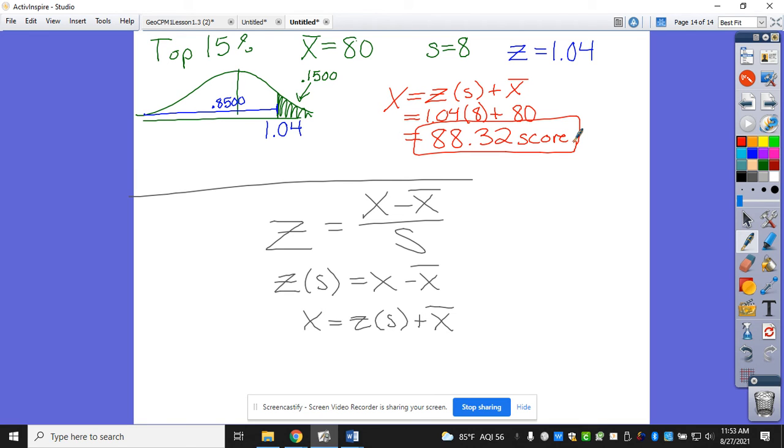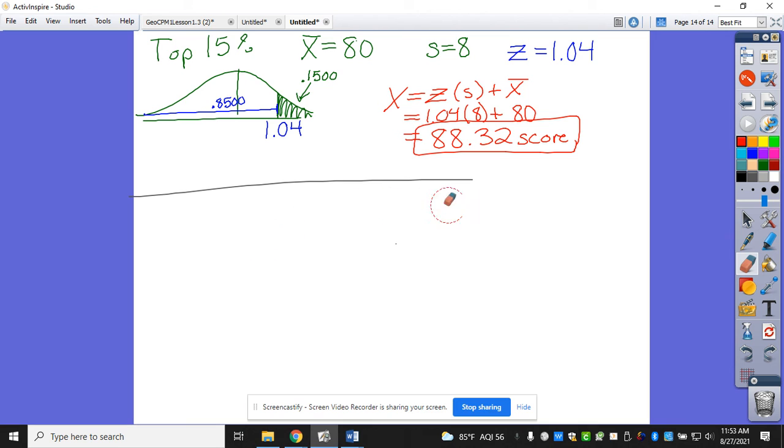Now, just in case I accidentally give it to you, and I probably will. Find me a z-score for the area closest to 0.0500. Like just find 0.0500 on here.